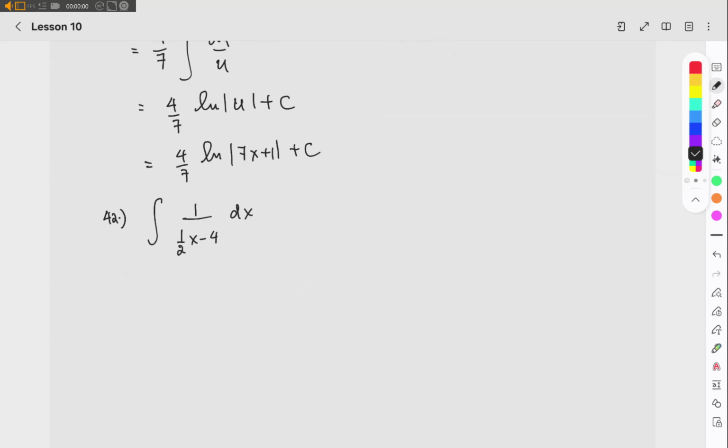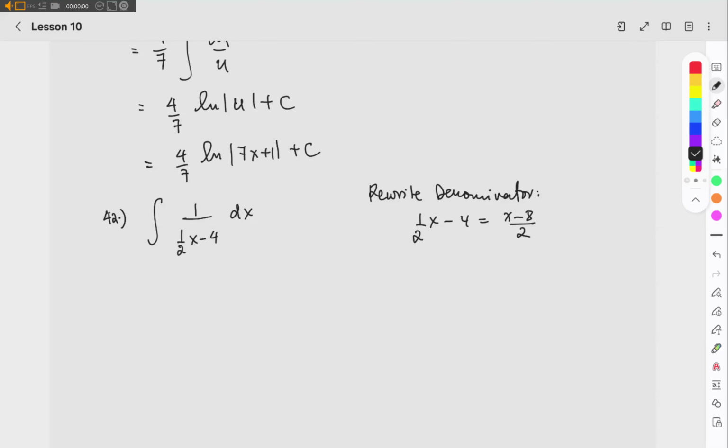In my case, how can I simplify it? How can I rewrite my denominator? One-half of x minus 4 is x minus 8 divided by 2.